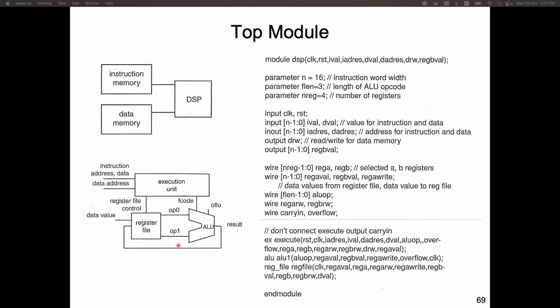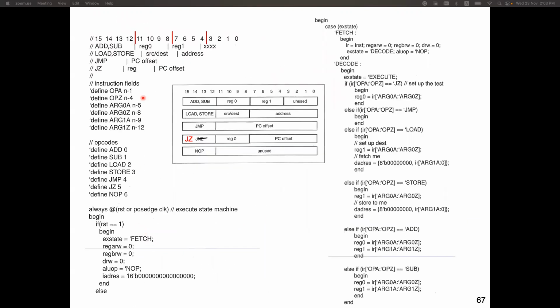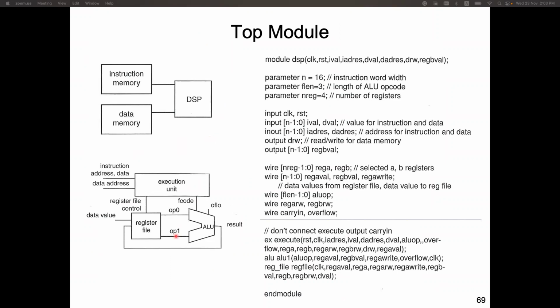So the two operands, and the result is going to be written back into the register file. Say here, register 0 is the input, register 1 is another operand input. The result is going to be stored back to register 0. Okay, and then putting them together forms a complete microprocessor.